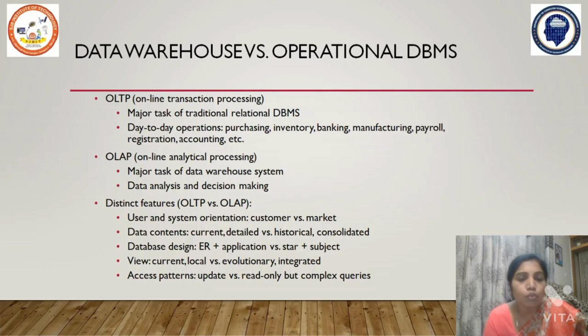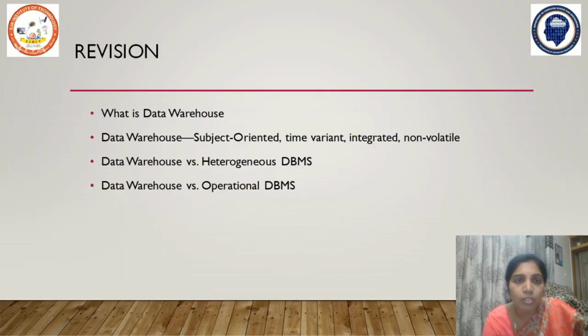In terms of view, we have the current or local view, and on the other hand the evolutionary or integrated view. Next, the access patterns: in OLTP we have update access patterns, but in OLAP we have read-only but complex queries. Clear with this? This is the difference between the data warehouse and the operational database.